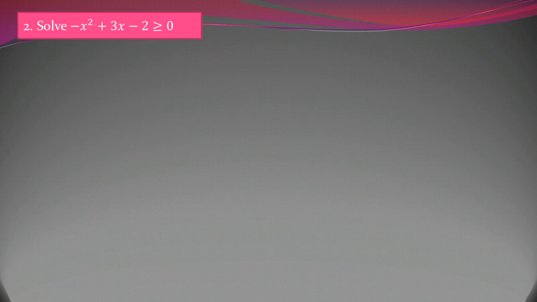Okay, so second question, you are having minus x square plus 3x minus 2 is greater than or equal to 0. So first let us consider the given equation. Since we are having minus in the first term, I am going to multiply this whole equation with minus.